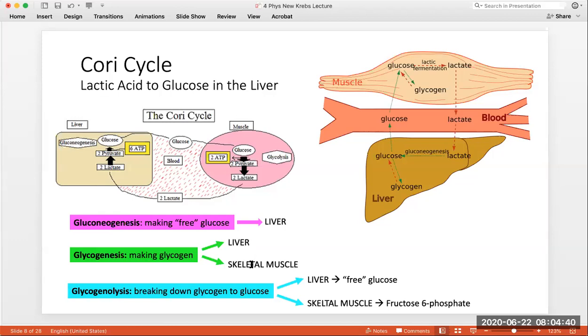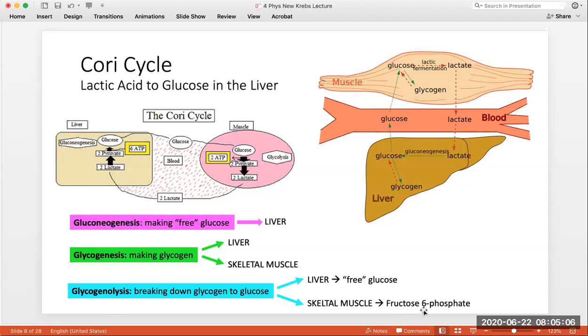And then if a cell all of a sudden increases its cellular metabolism and it needs to tap into that extra store of glucose, it can take glycogen and convert glycogen to glucose. Except when a cell does this, it doesn't go from glycogen back to glucose. It typically converts it to fructose 6-phosphate. So it doesn't run the reactions all the way in reverse.